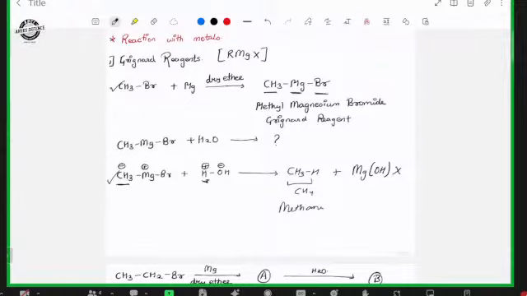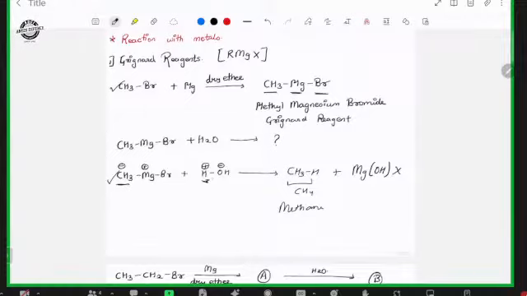What will this magnesium do? It will insert itself in between carbon and bromine, so we are getting methyl magnesium bromide, and this is nothing but Grignard reagent. If I'm treating this Grignard reagent with water, water is H2O, so I made its counterparts as H plus and OH minus.